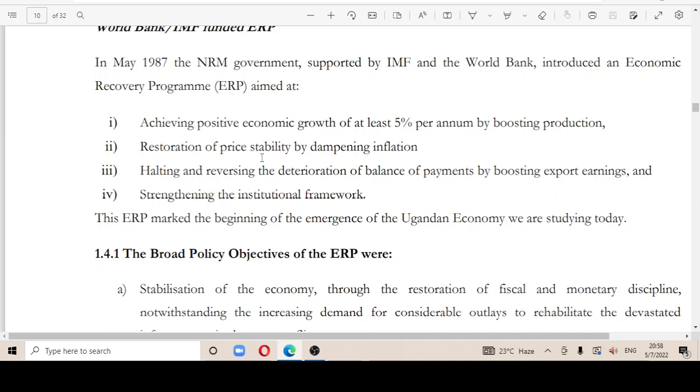It also looked at restoring price stability by reducing inflation, then halting and reversing the deterioration of the balance of payments by boosting export earnings, then strengthening the institutional frameworks.